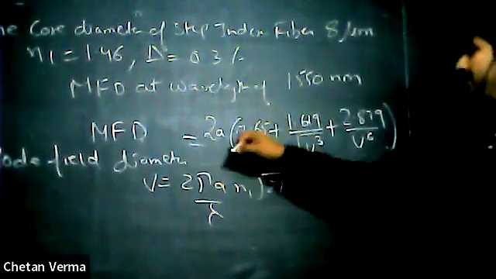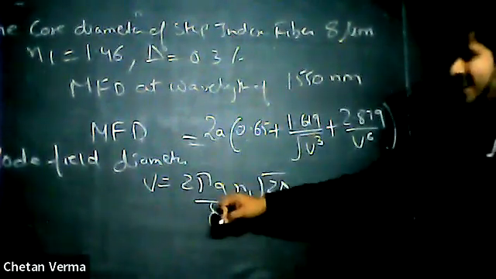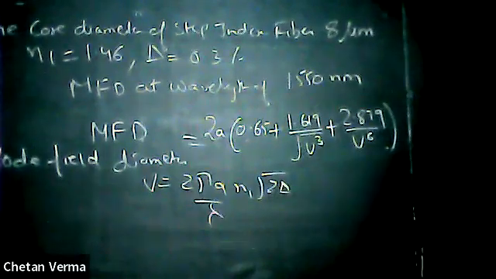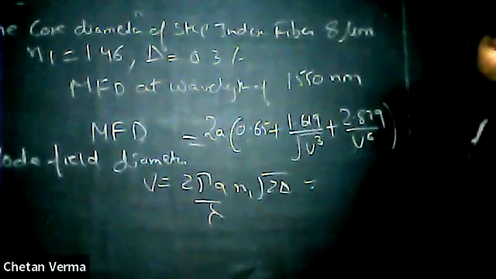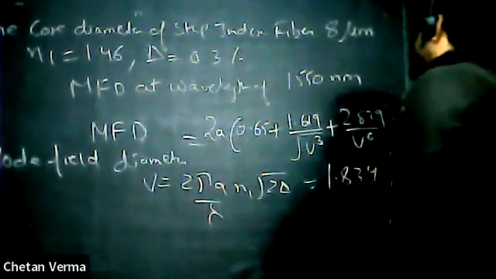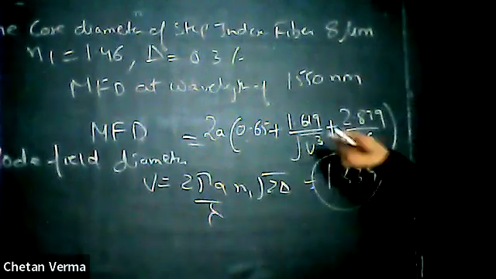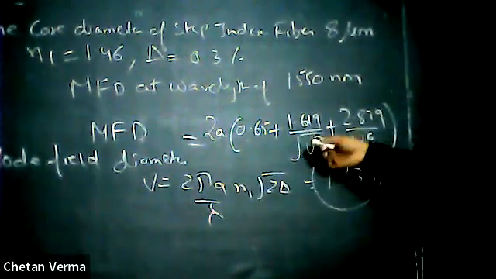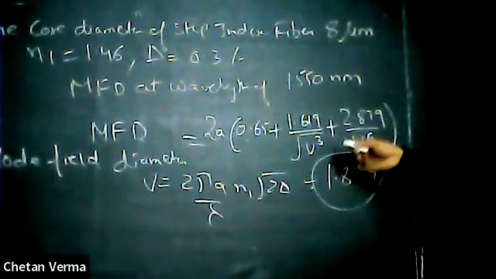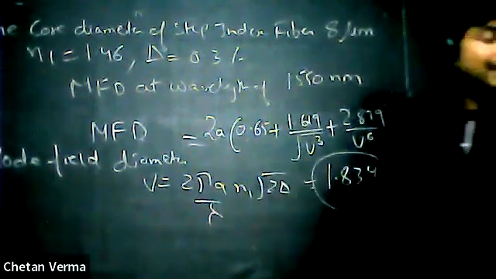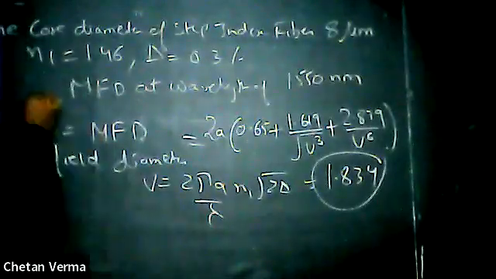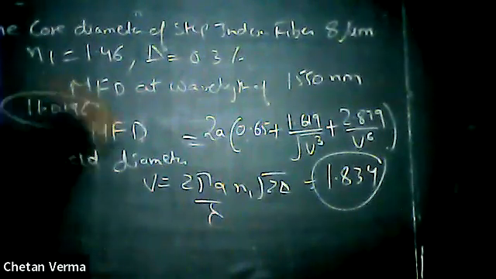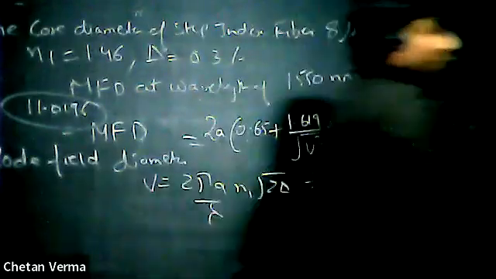2a is now given as 8 micrometer. V is now calculated from 2 pi a over lambda. Diameter is given, n1 is given, delta is given. After putting all the values, the value of V is 1.834. Put that value into the equation: V under root of 1.834 cube plus 1.834 to the power of six. So the finalized answer is 11.0196 mode field diameter, in micrometer.